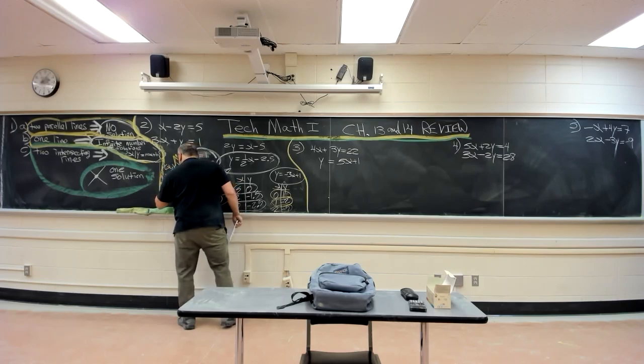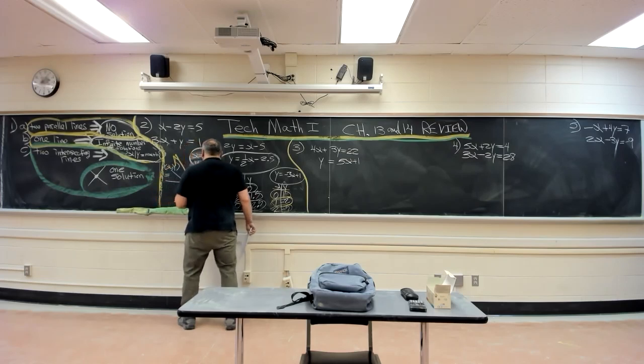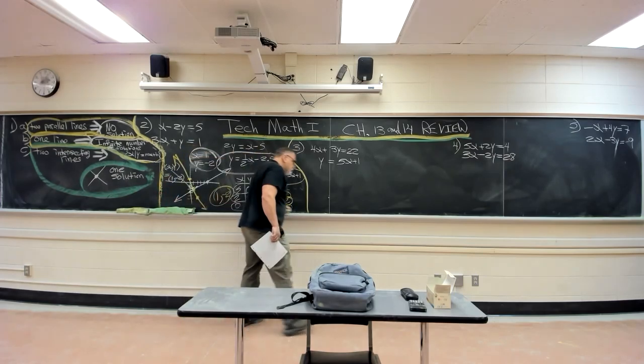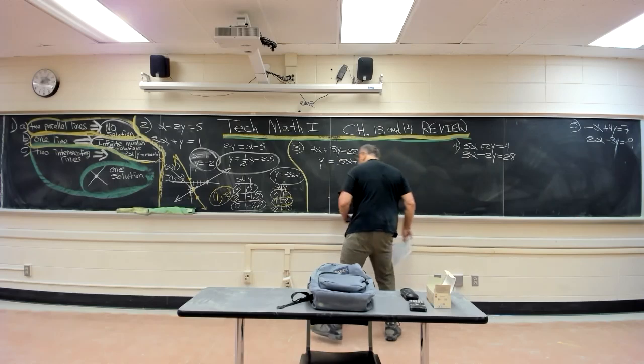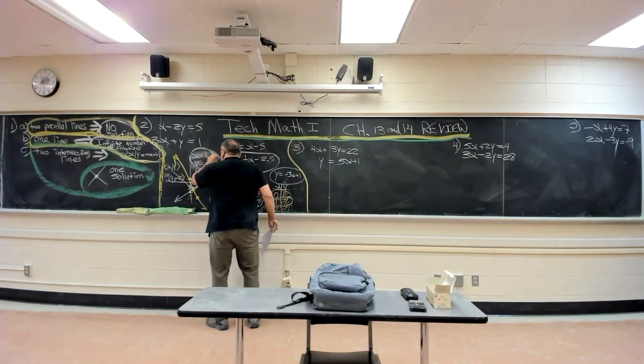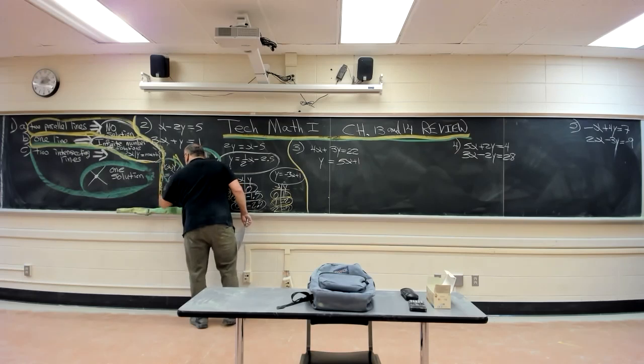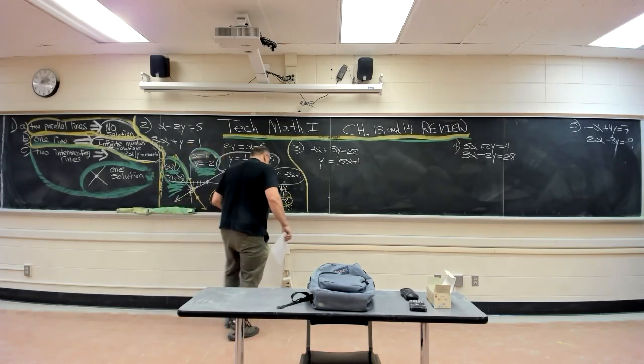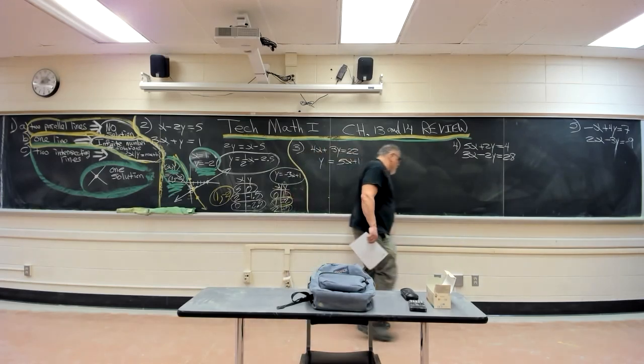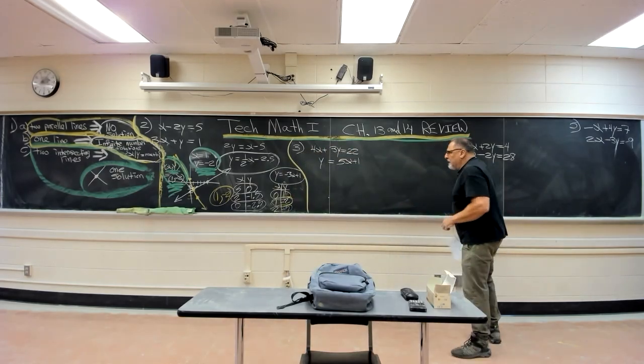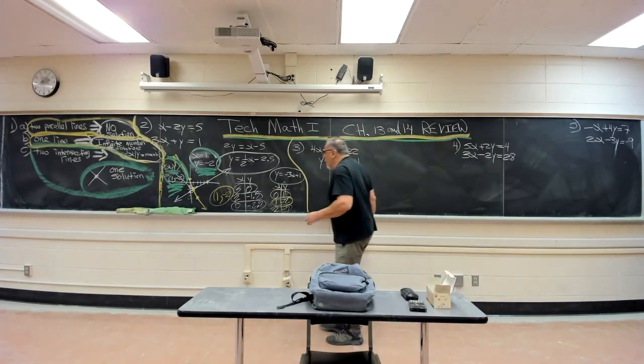X comma y equals 1 comma negative 2. That's hard to do by hand. That's why we have graphing calculators, and that's why we have computer programs and things of the like. But hey, we got into the ballpark of where we need to go.